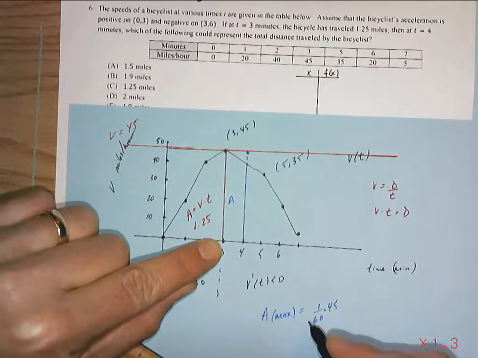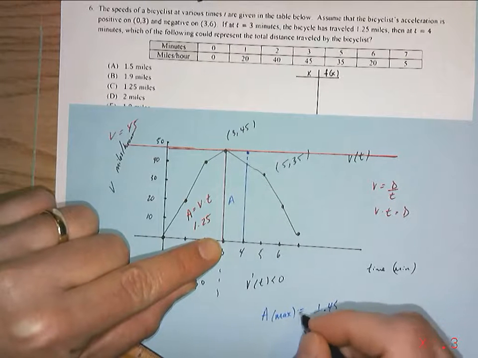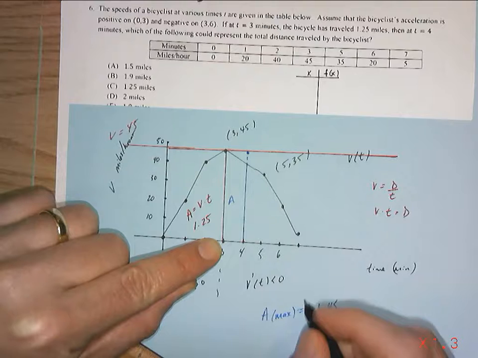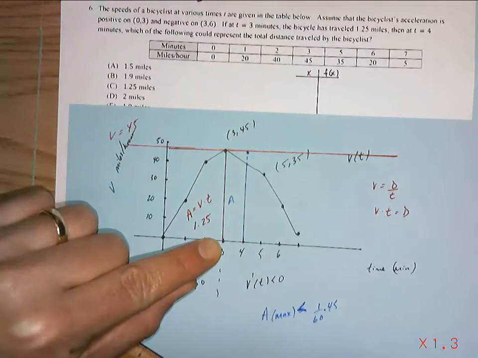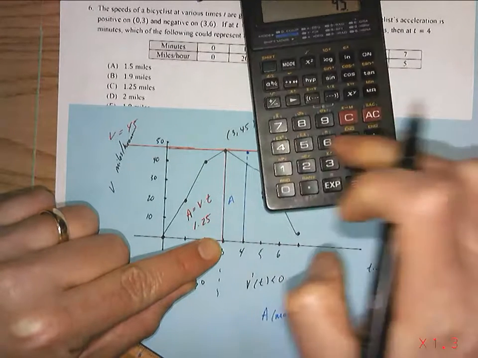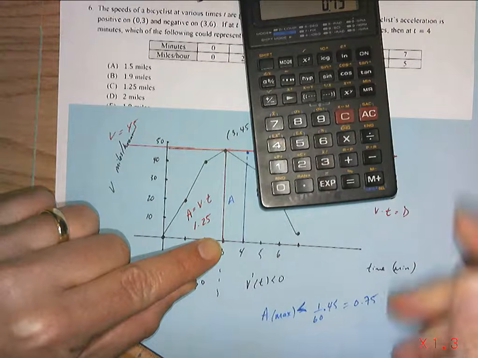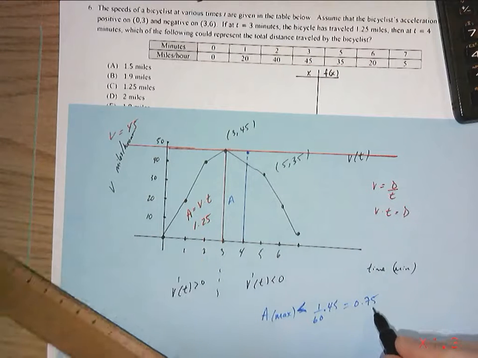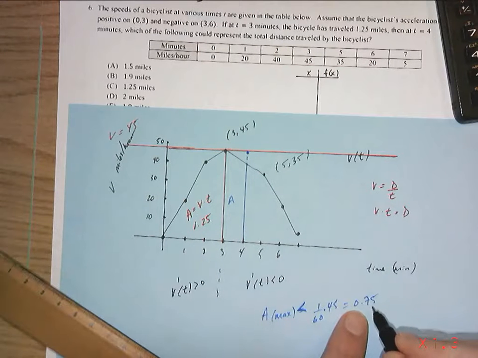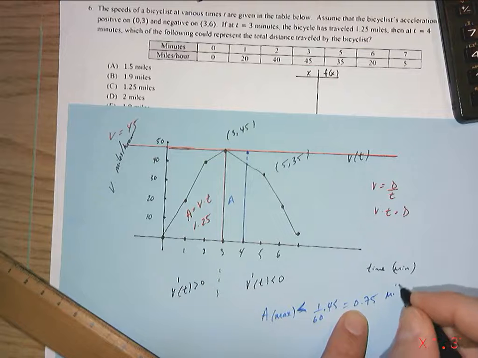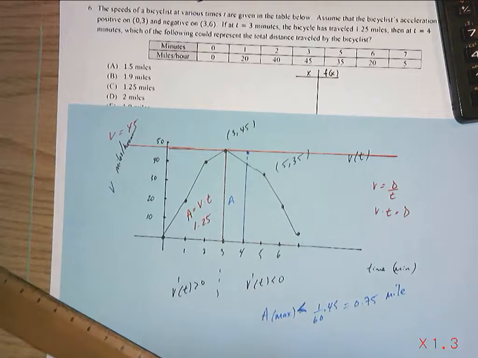Now I said equal to, but it can't equal that because we know it must come down. So it's got to be less than that. So 45 over 60 is going to be 0.75. So it's not the maximum. It has to be less than this amount of miles that can be added to the 1.25.